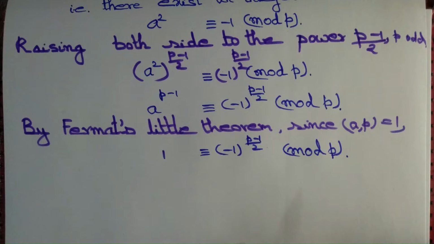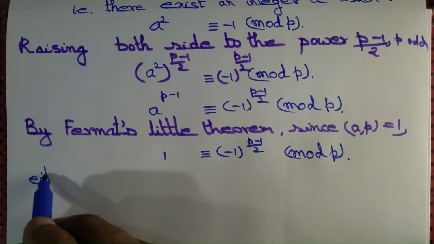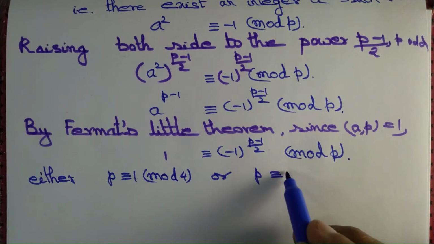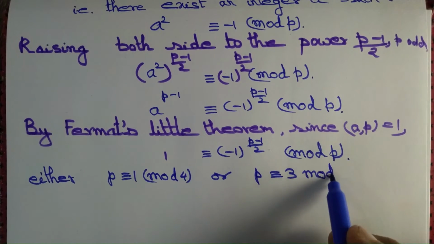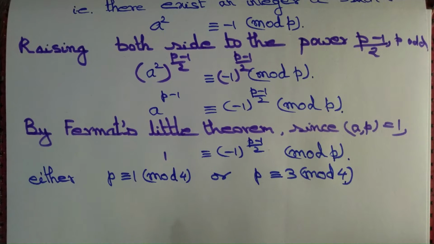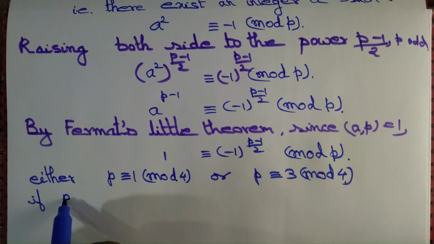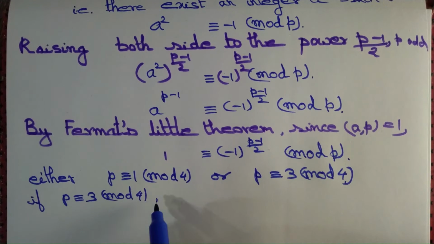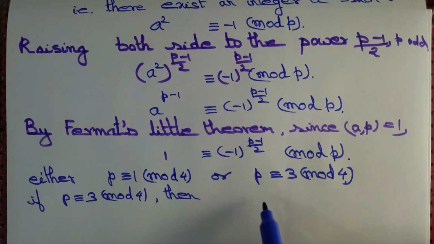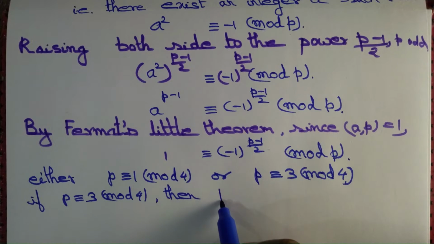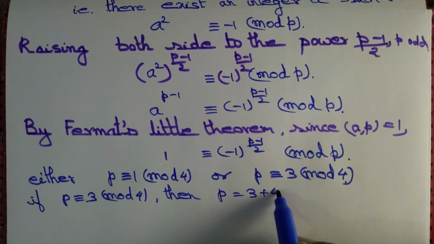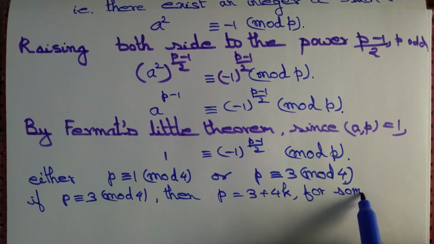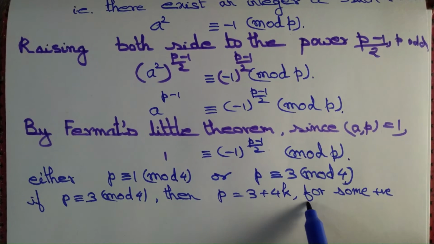Further, p being an odd prime, either p is congruent to 1 mod 4 or p is congruent to 3 mod 4. If p is congruent to 3 mod 4, then there exists a positive integer k such that p equals 3 plus 4k.